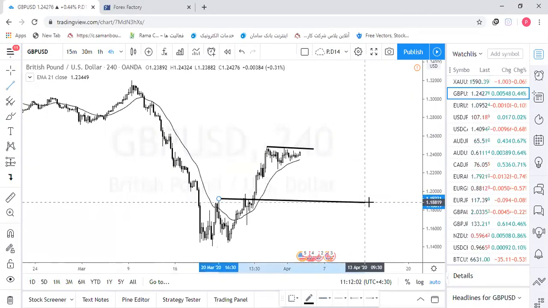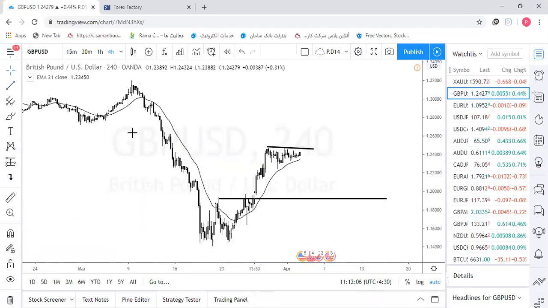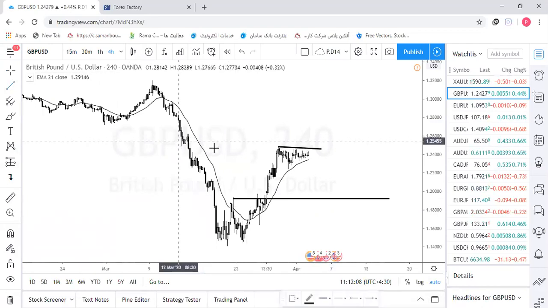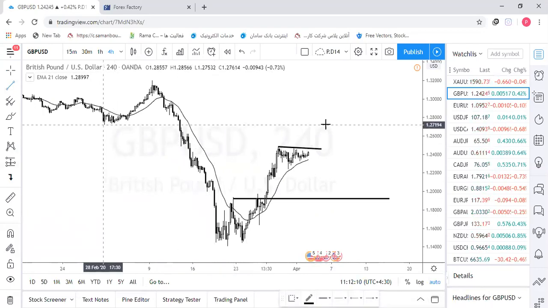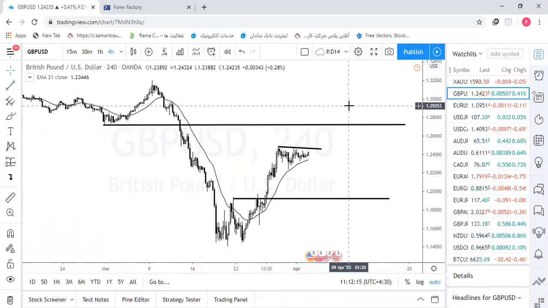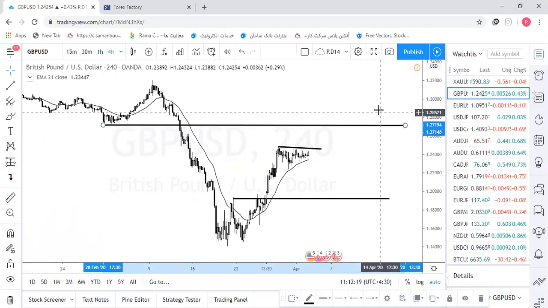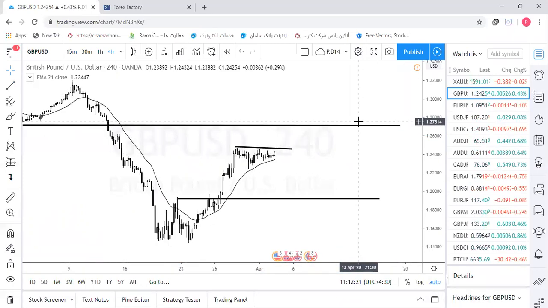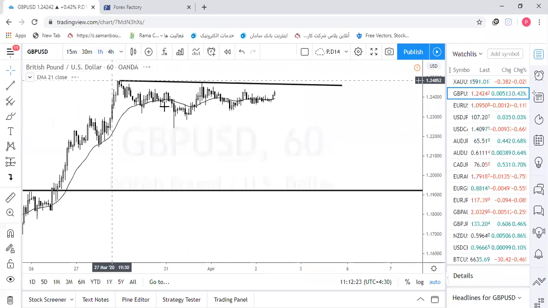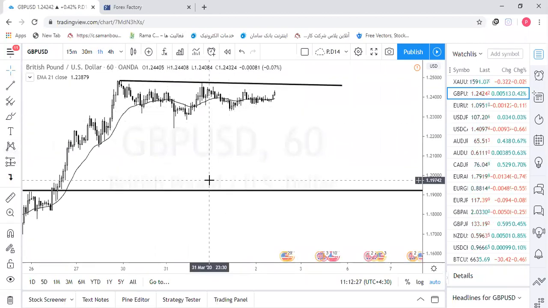So I can consider this area as the most important zone in the chart, and this area as the next most important zone in the chart. Okay. So in my opinion, price is consolidating right now after a very strong bullish momentum, right?